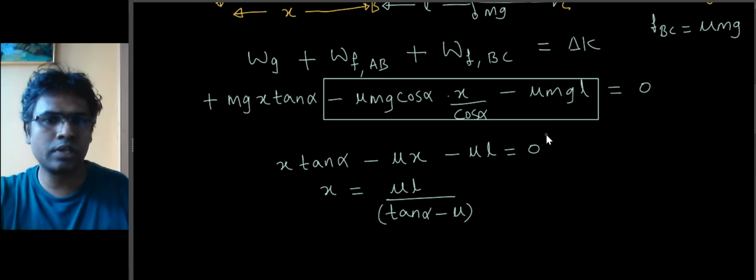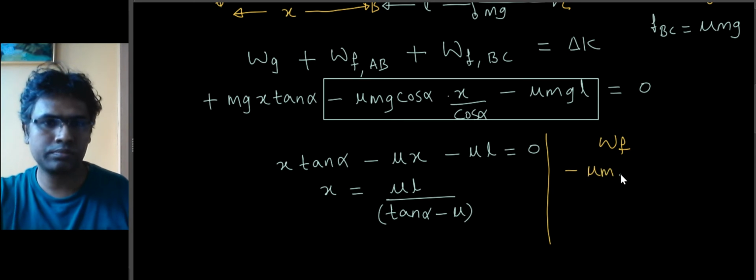Work done by friction is obviously negative. So here I can take it as minus mu mg, which is common, I'll pull that out, and I have x and then I have L. So I have to take x plus L.